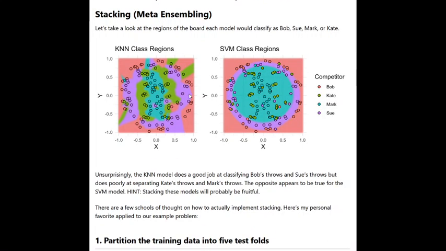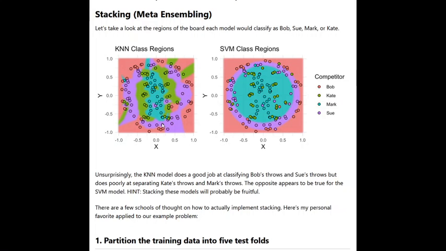We have two, as showcased above, with the KNN class regions and the SVM class regions. We have different colors for 4 different participants: Bob for pink, Kate for green, blue for Mark, and purple for Sue.